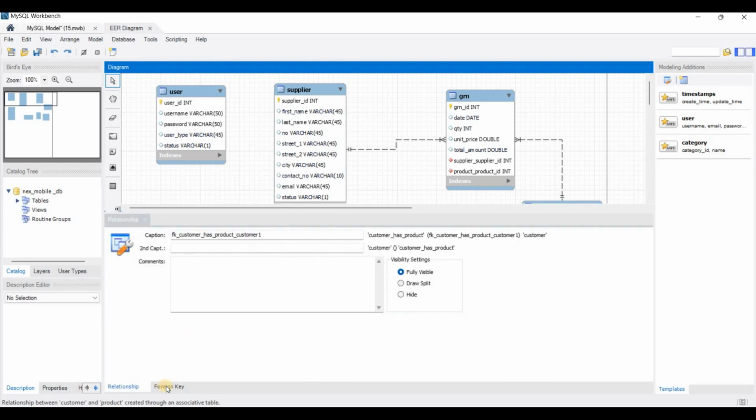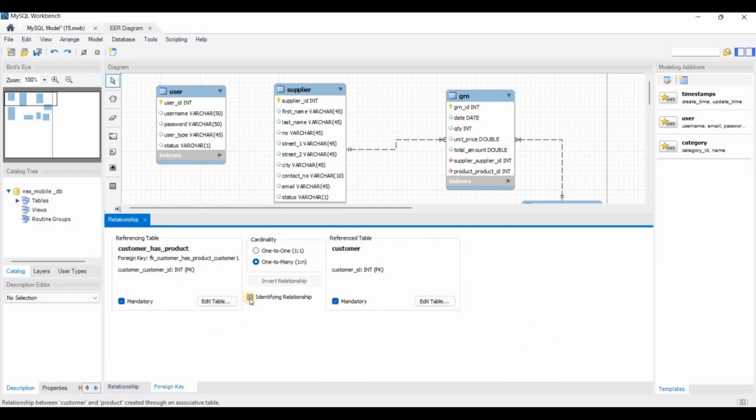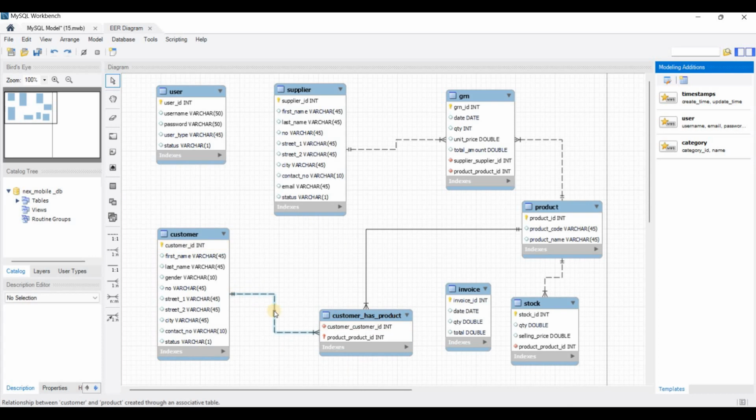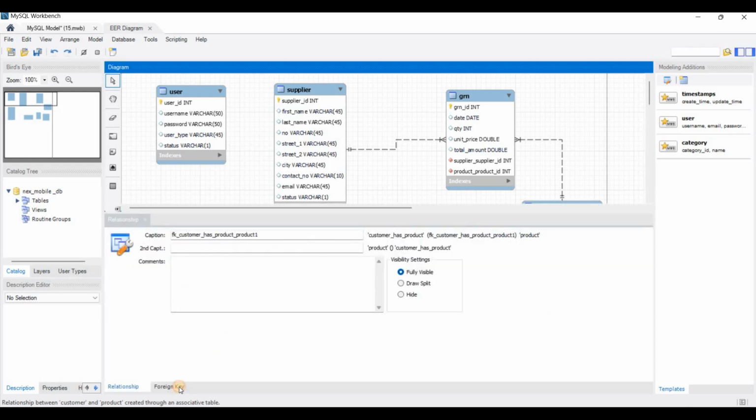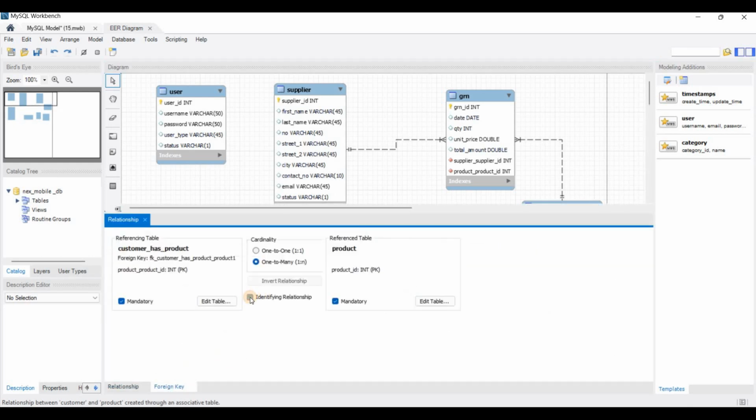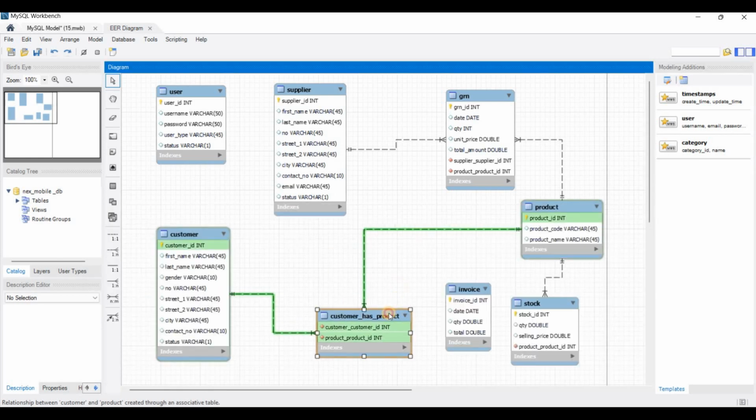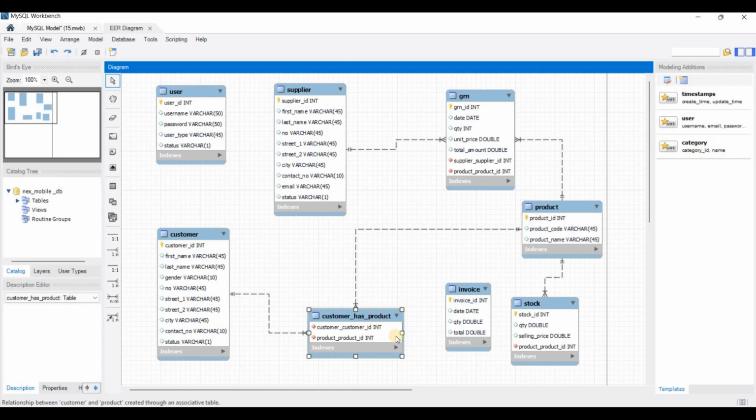Here we have to go to the foreign key, and I'm going to remove this tick. Now you can see the relationship has been changed. I'm doing this to this relationship also: edit relationship, foreign key, and removing this tick. So this is how the many-to-many relationship is made.